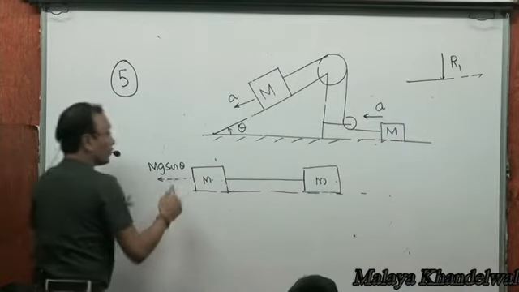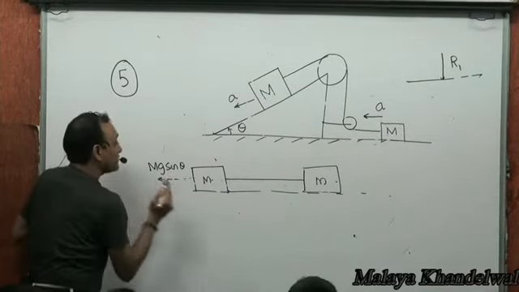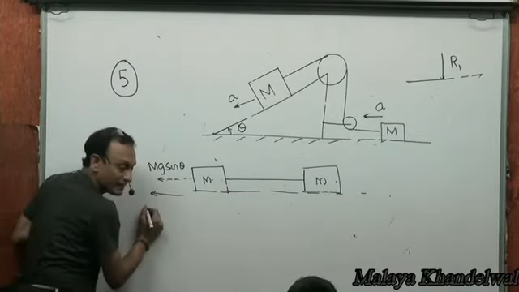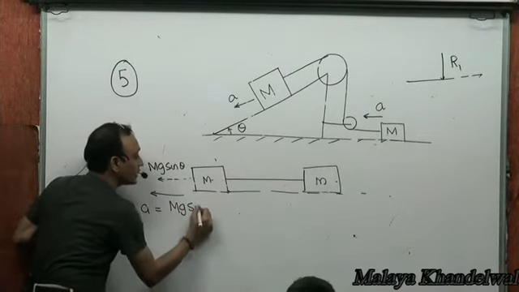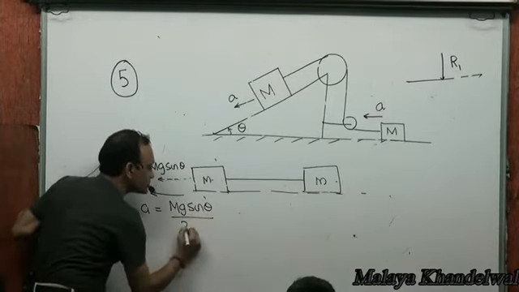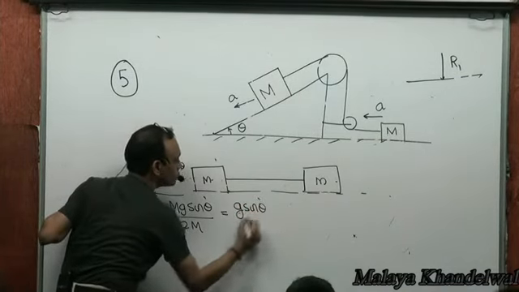Now, on this system, this is the only external force then, right? The acceleration of the system is going to be total force mg sine theta divided by the total mass, which is 2m, which is g sine theta by 2.